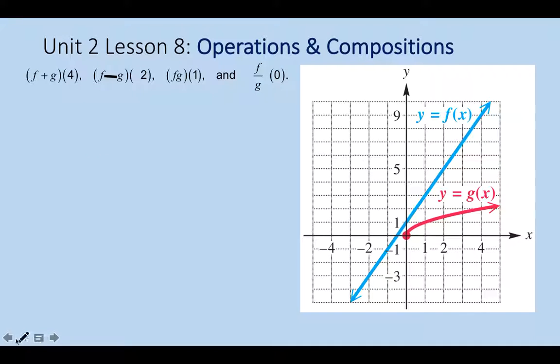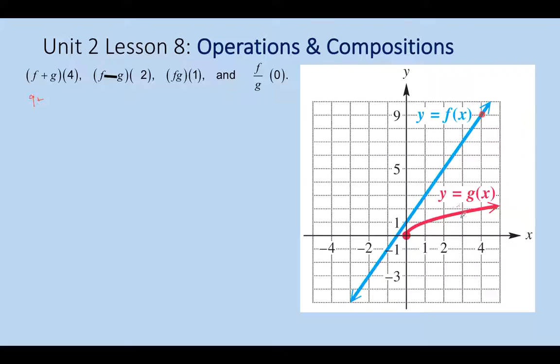Next thing. We said earlier that we could apply this to functions, and again, it's kind of like the y value of f of x when x equals 4 plus the y value of g when x equals 4. So we can take a look here, f plus g of 4. Well, here's f of x. When x equals 4, f of x is going to equal 9.